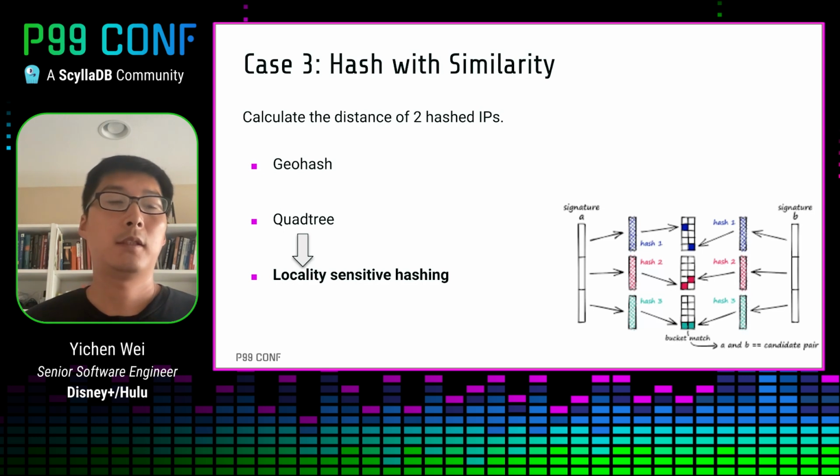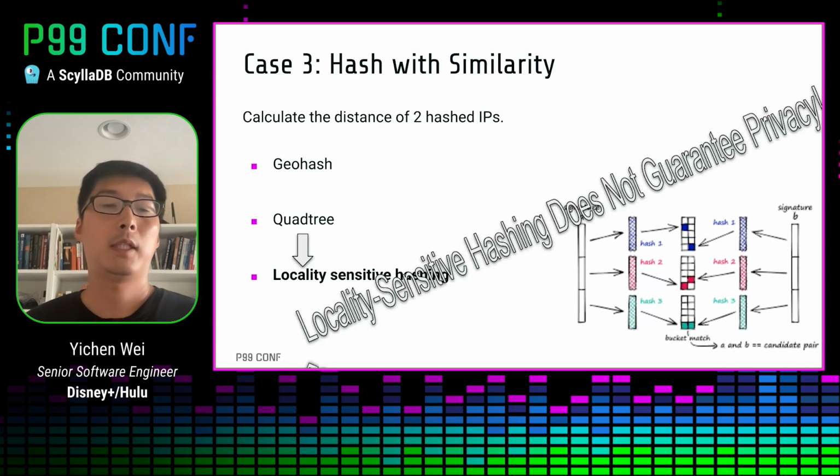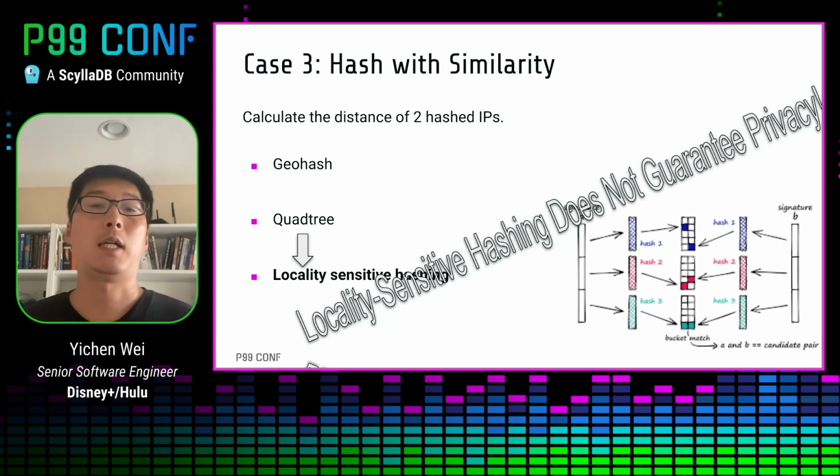Though there is always a trade-off. If you search for the trade-offs of locality sensitive hashing, there is a paper that says locality sensitive hashing does not guarantee privacy. That's also another concern, even though it's only in academia, it's still a concern for us.